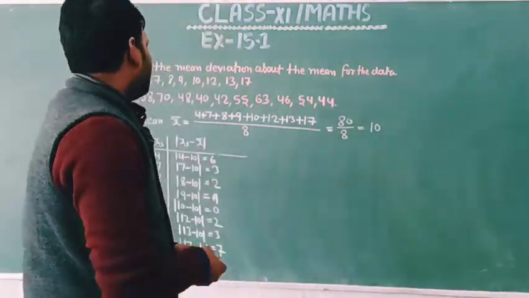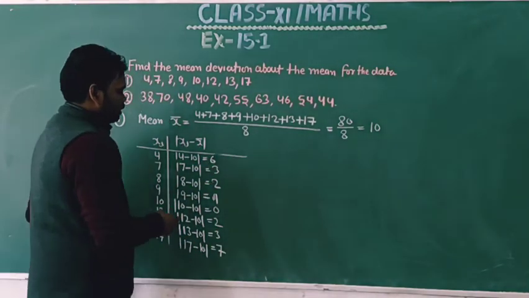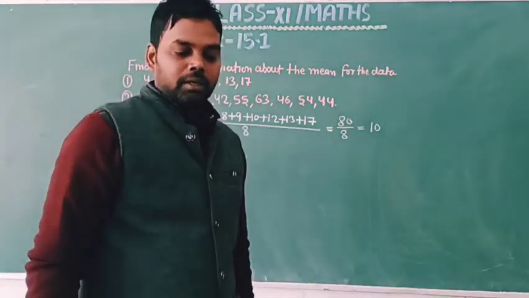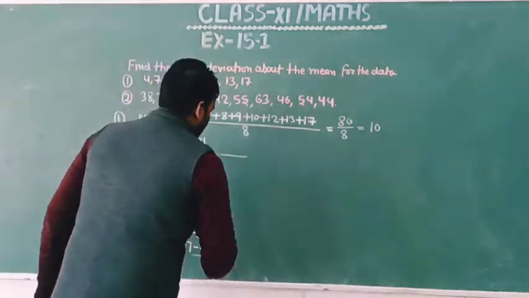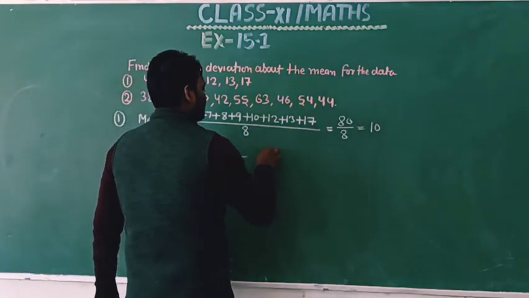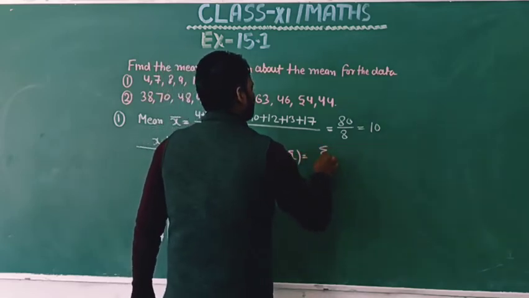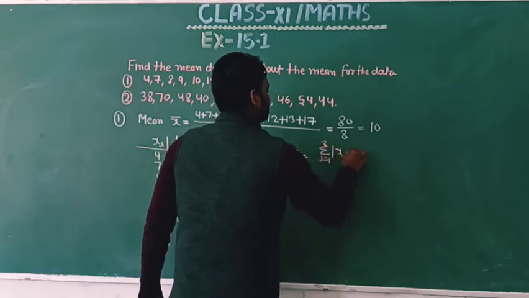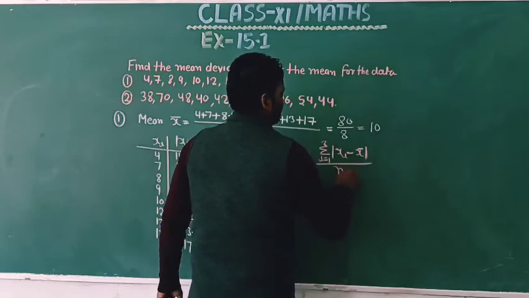Now find the sum of the deviations: 6, 3, 2, 1, 0, 2, 3, 7. After adding all the deviations we get 24. We know the formula, mean deviation about mean is the sum of mod xi minus x bar from 1 to 8 divided by the total number of observations n.